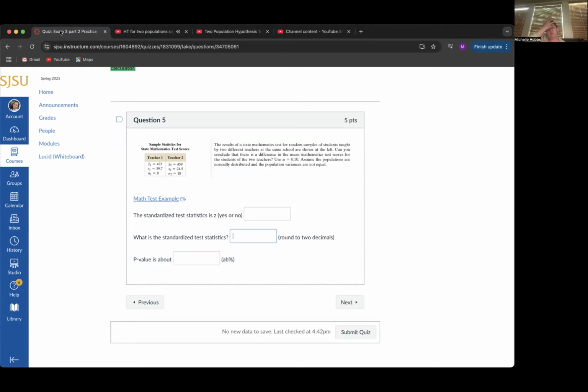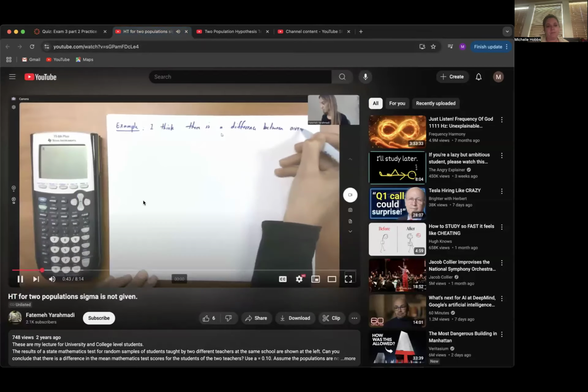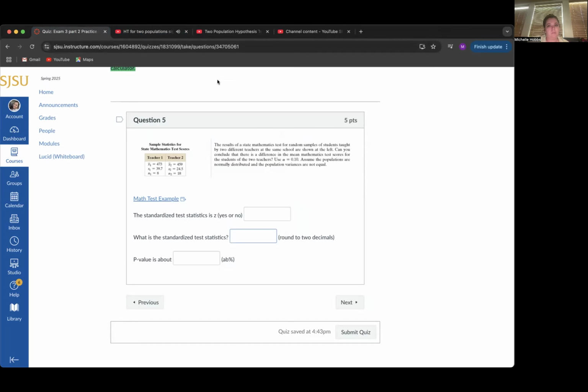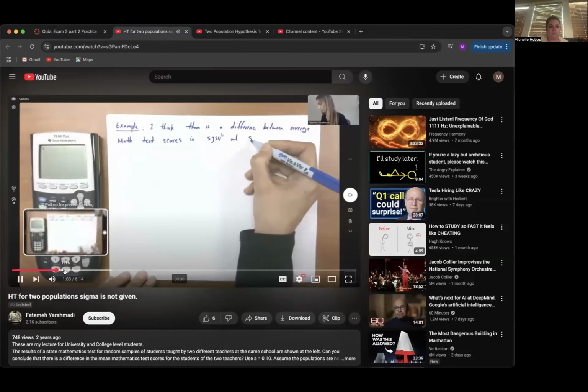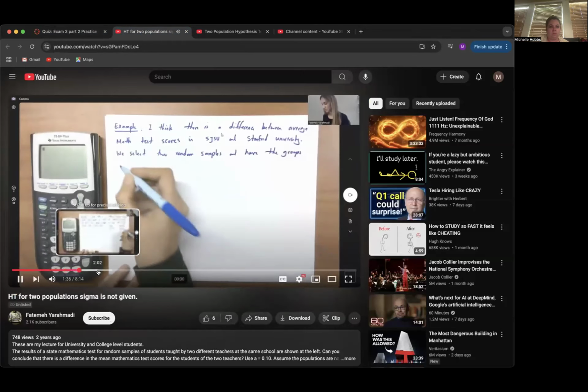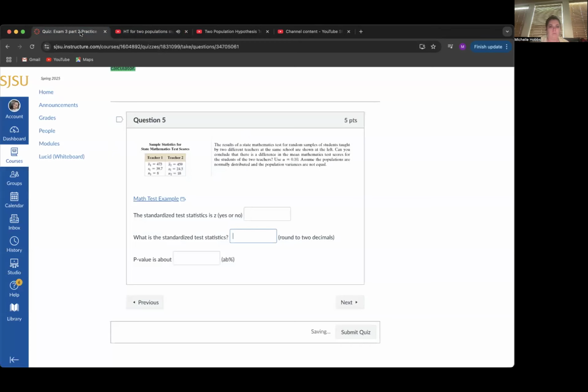I think there is a difference between average math test scores in San Jose State University and Stanford. And in these, the sample mean was 459.